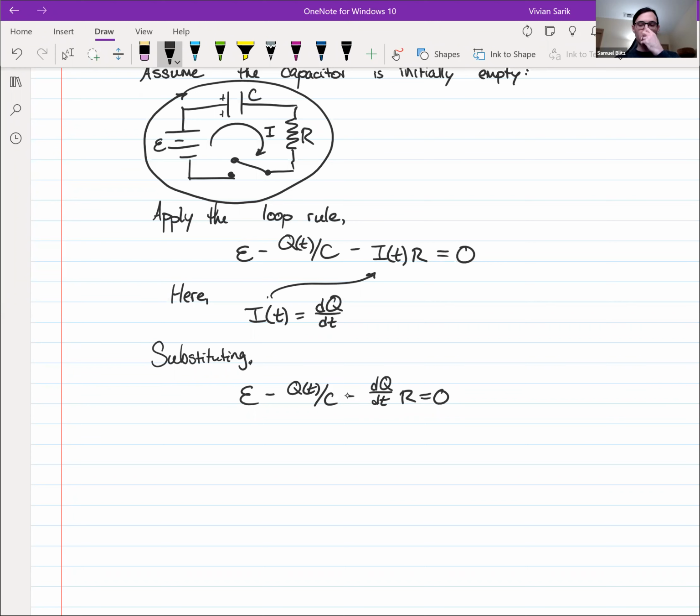So when we say it's non-homogeneous, this term is proportional to the function Q, this term is proportional to the derivative of the function Q, but this term isn't. So there's a term that's not proportional to the function at all, and hence it's non-homogeneous.